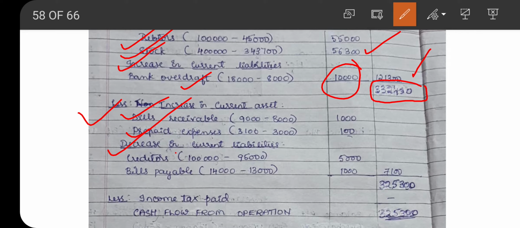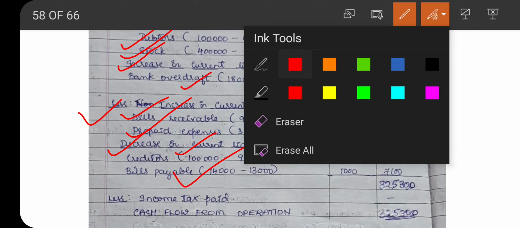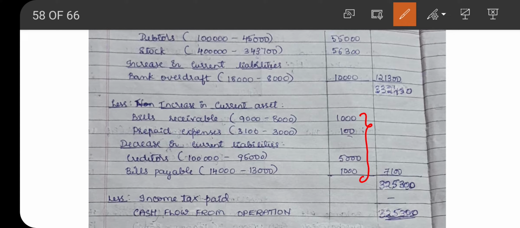So we are having creditors and bills payable. Creditor amount has been decreased by rupees 5,000 and bills payable has been decreased by rupees 1,000. So 1,000 plus 100 plus 5,000 plus 1,000 is equal to 7,100.